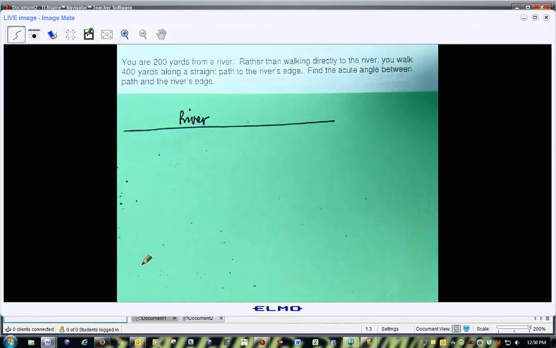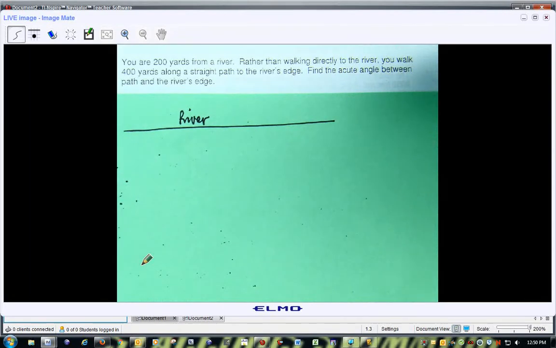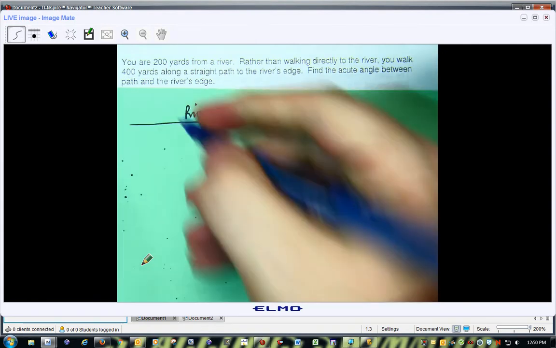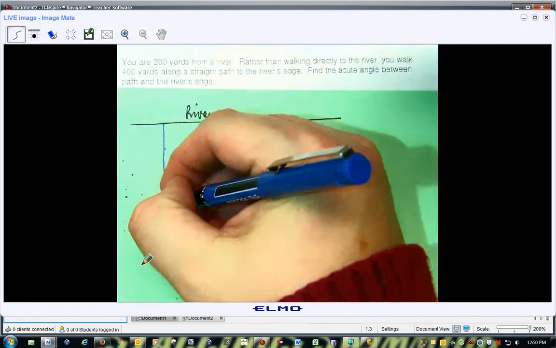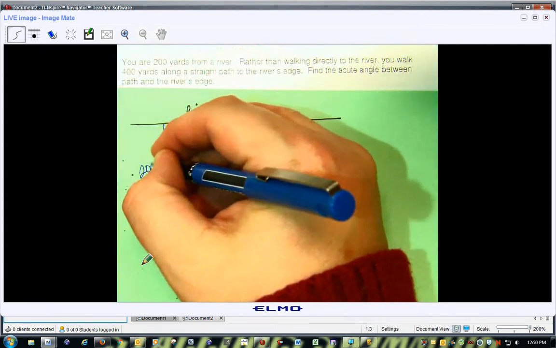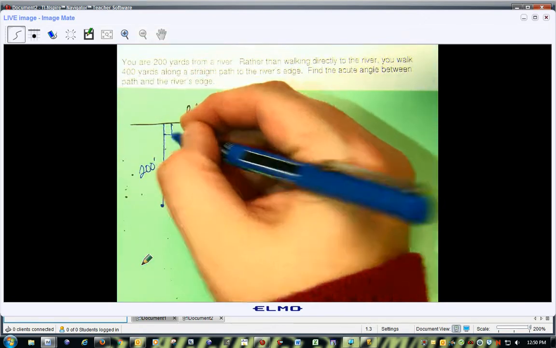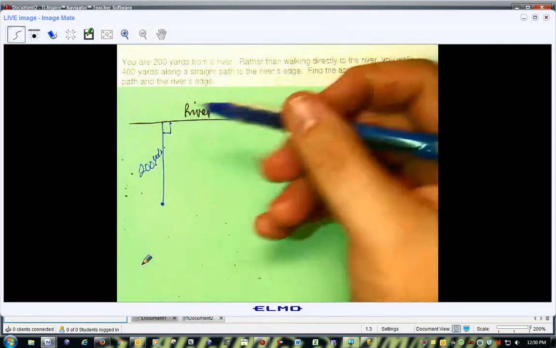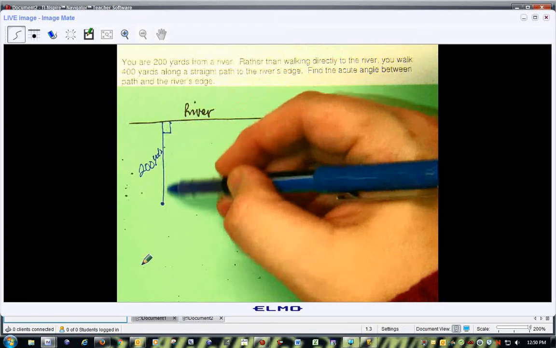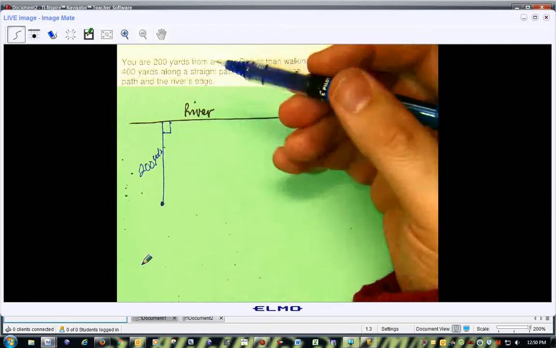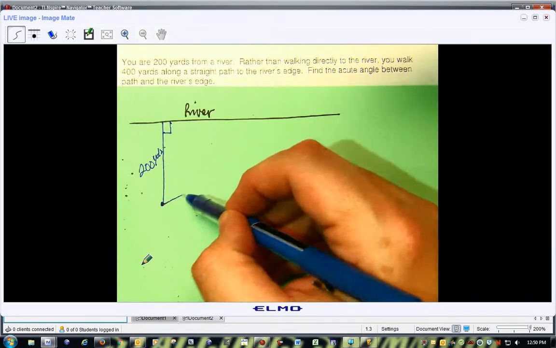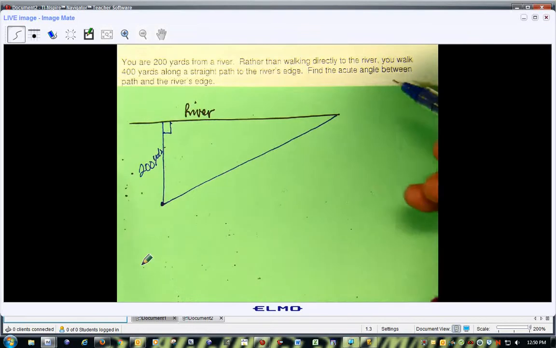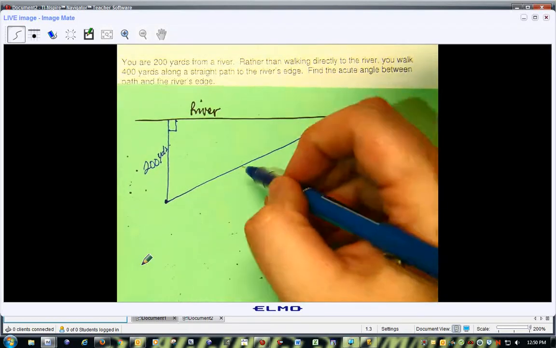So we got to draw our picture. When we say we're 200 yards from the river, that means that we are right here. Okay, 200 yards. But that means that we're at a right angle from there, and the path is straight right to the river. How long is the path? 400 yards.